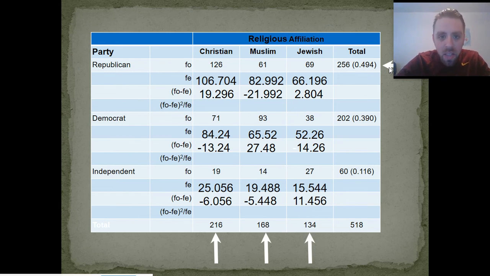So if it's positive, then that means that the observed frequency is greater than the expected frequency. If it's negative, it means that the observed frequency is less than the expected frequency. What do I have to do next? Square it to get rid of negatives and divide by the expected frequency.